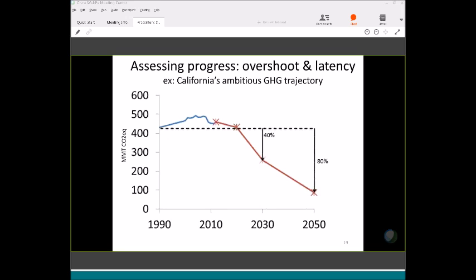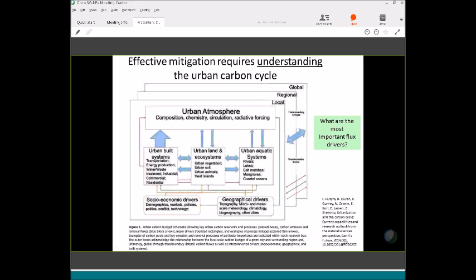The last thing I'll point out, and I started with this, is it's not enough just to say we think the inventories are wrong, and we think that we're underreporting and we need to make some adjustments. We need to understand these processes. We need to understand the carbon cycle at the urban scale. And this is something that gets beyond making measurements in the atmosphere. Urban systems are complex systems. They have the built system, which is what we as humans build and spew stuff into the air from.